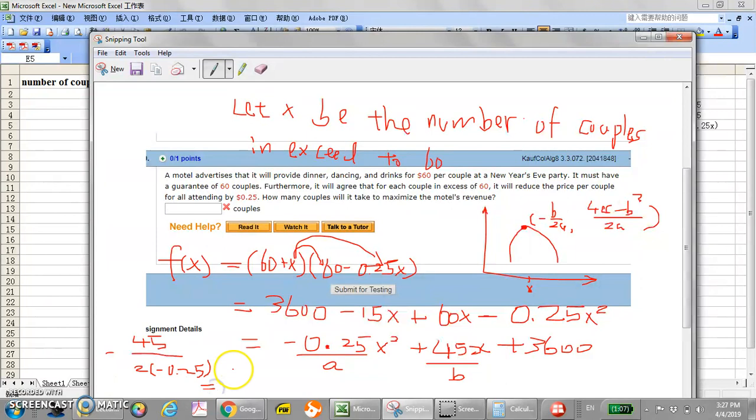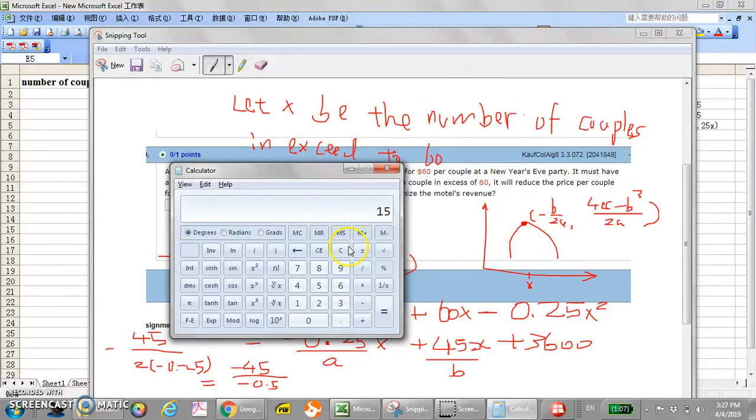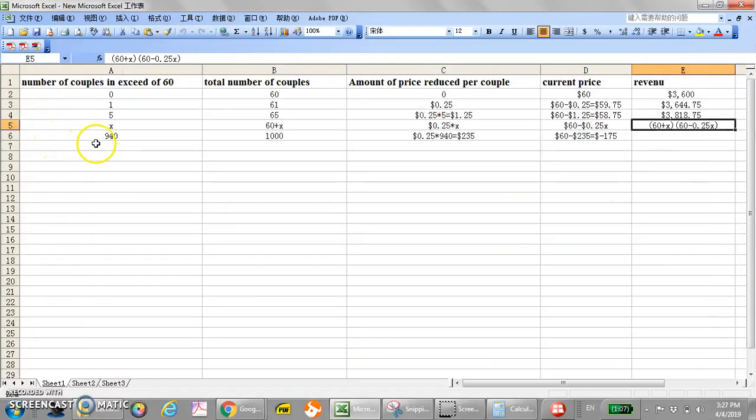And this is equal to negative 45 divided by negative 0.5. So the answer is 90. Okay. So if we have 150 couples coming to the event, at this point the revenue is going to be the maximum.